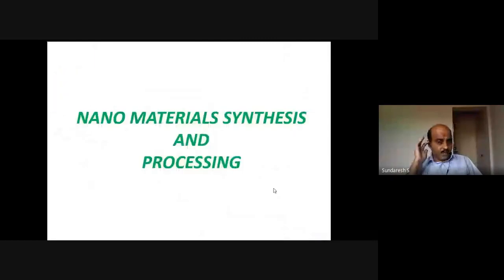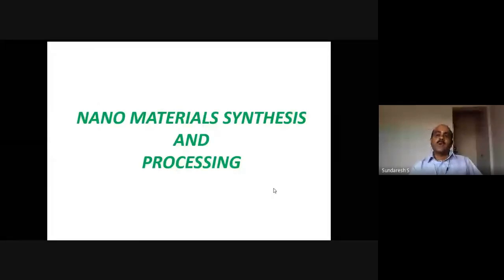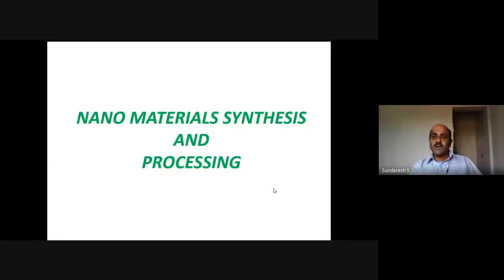Nanomaterial synthesis and processing. Generally, in this topic, we discuss the various methods in which nanomaterials can be synthesized and processed. For each method, we need to discuss the basic principle behind it and the procedure involved, and understand the advantages and disadvantages of each process, and also the applications of each process.